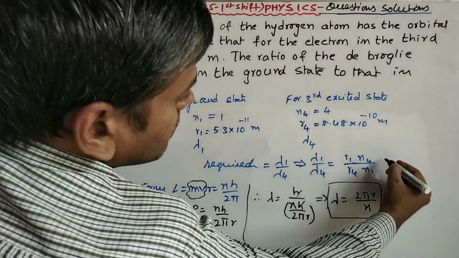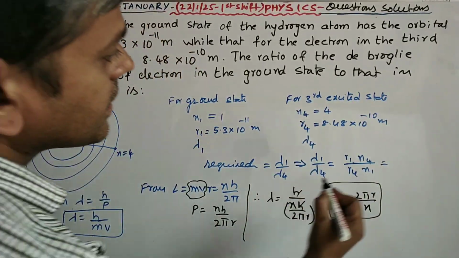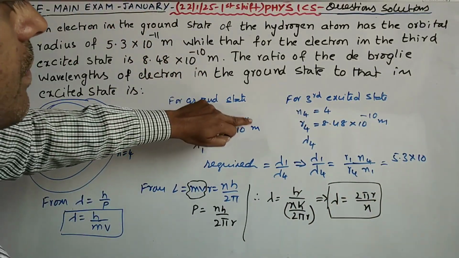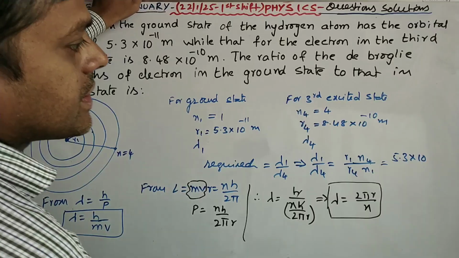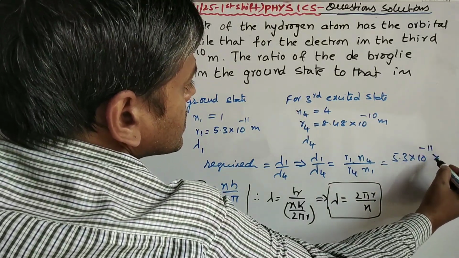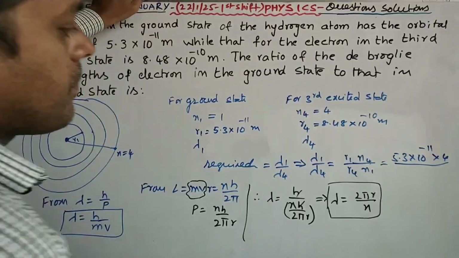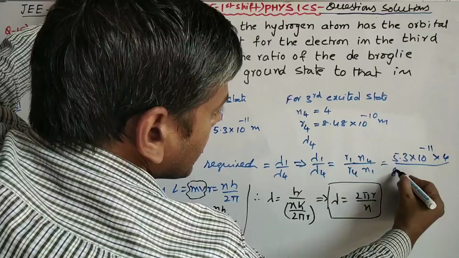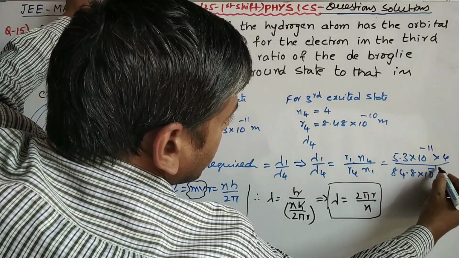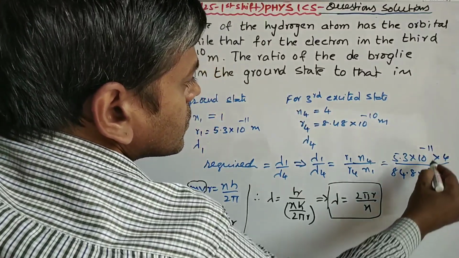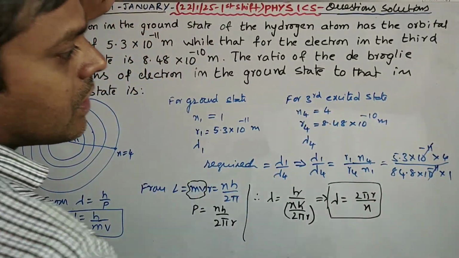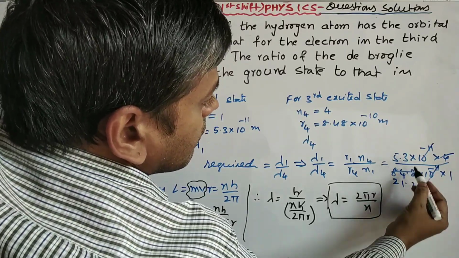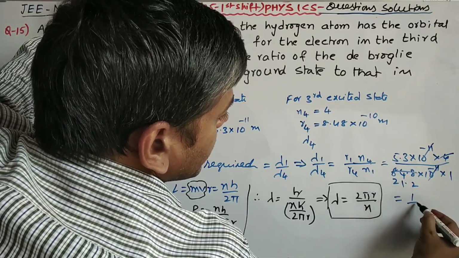Simplifying, r1 is 5.3 × 10^-11, n4 is 4, r4 is 8.48 × 10^-10, which can be written as 84.8 × 10^-11, and n1 is 1. So 10^-11 cancels, and we get 4 by 84.8 into 1, which is about 1 by 4.